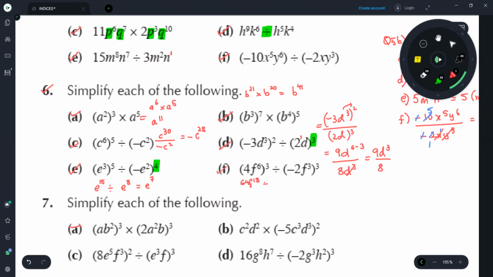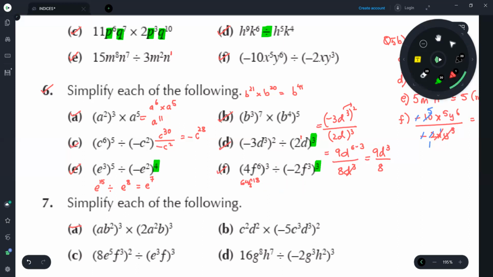f to the power 18 divided by... Now you see, Myra, do you see that the power is an odd number, right? It's an odd number, so it's going to be negative. Minus 8, f to the power 9. Now 64 over minus 8f to the power 9. Can I write it down this way, all of you, as a fraction?